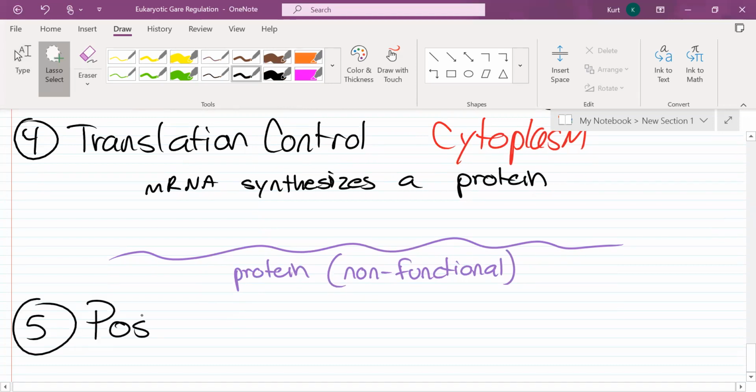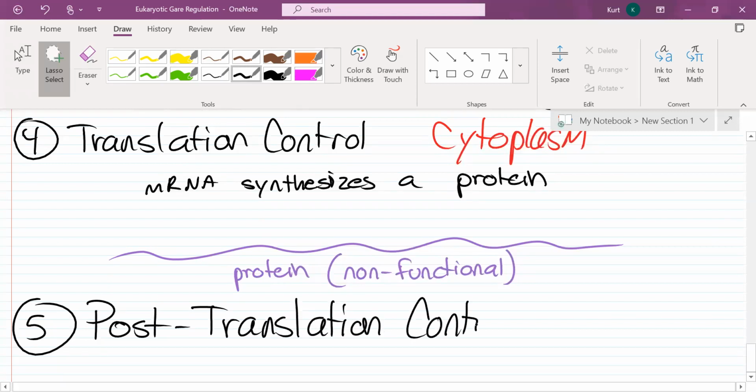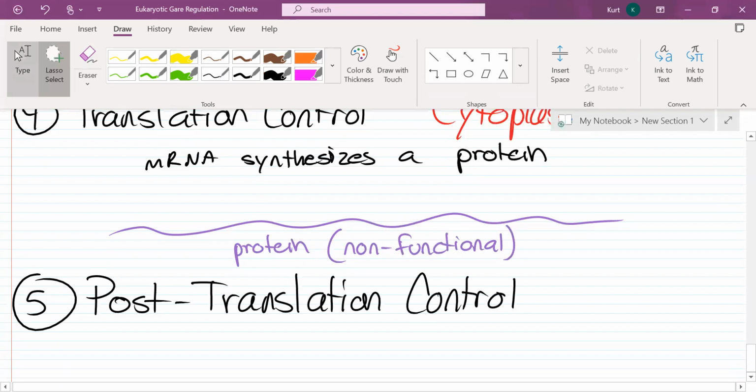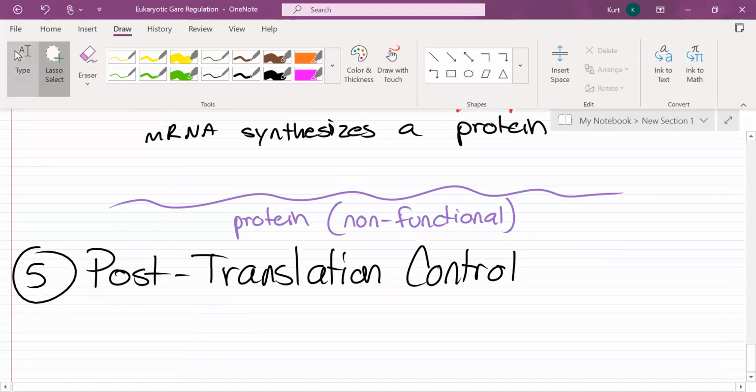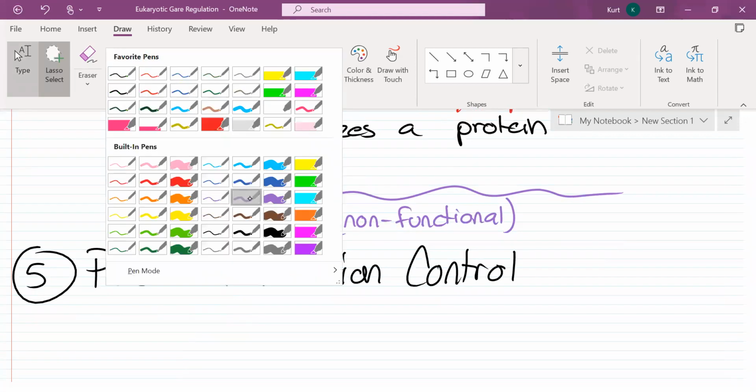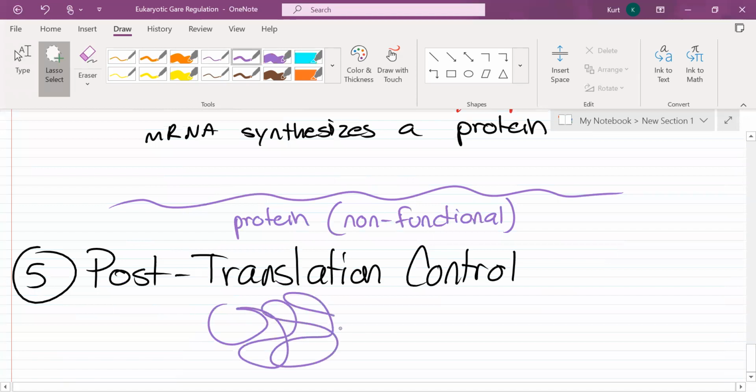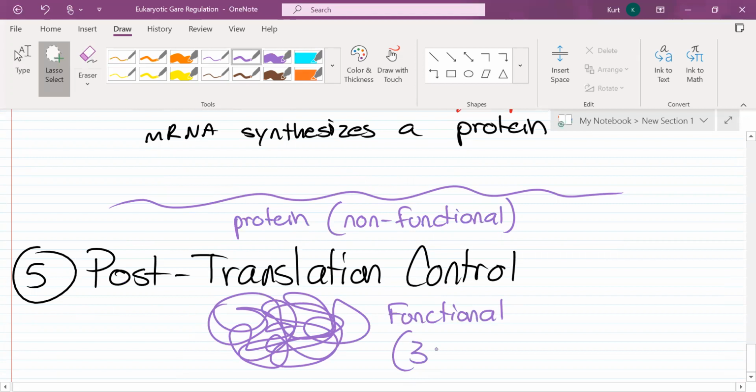This is called post-translational control. In post-translational control, the protein is going to fold and twist and bend into a 3-dimensional shape like this. This is how I've drawn proteins for you. So the protein is now functional when it is in a 3D form.